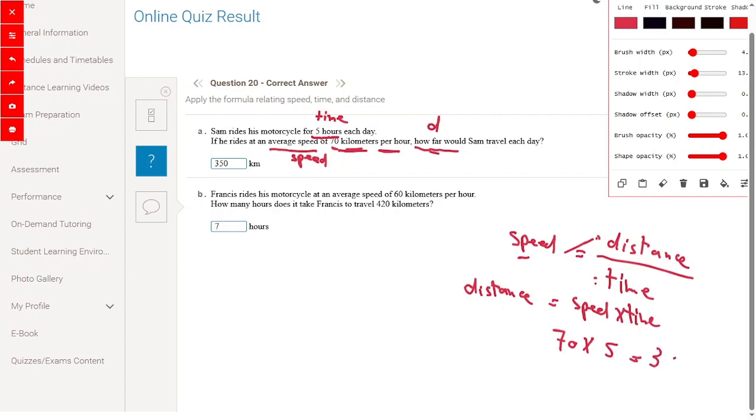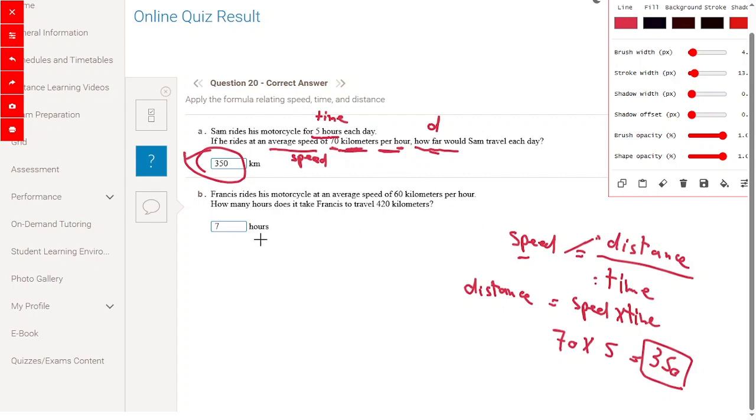So it will be 350 kilometers. So the answer here is 350 kilometers. And here you can see the speed is per hour and the time is in hours, and the speed is kilometers per hour, so the distance will be in kilometers.